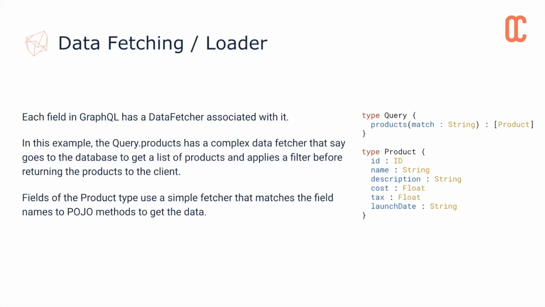For these queries, they can have complex fetchers, for example fetchers that need to retrieve values from a database, from a cache, or from some other type of backend. While the simple types, like products in this example, reference a Java POJO object, which means that each fetcher is referencing the getter from that object to retrieve the value of the type.